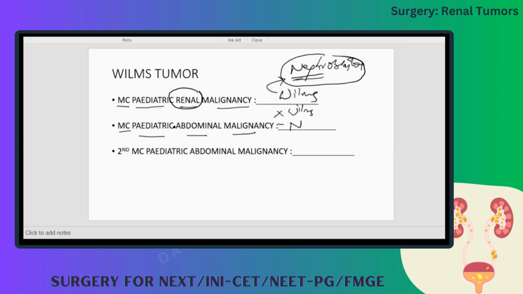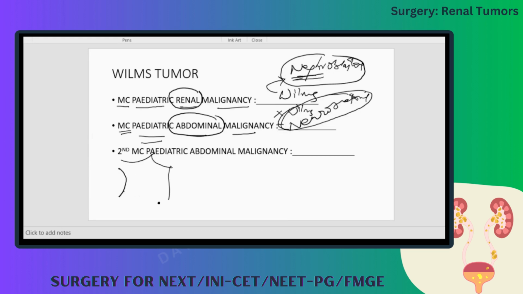Now, most common pediatric abdominal malignancy. See here, most common pediatric, not renal, it is abdominal malignancy. It is neuroblastoma. Small difference is there. How to differentiate neuroblastoma and nephroblastoma?